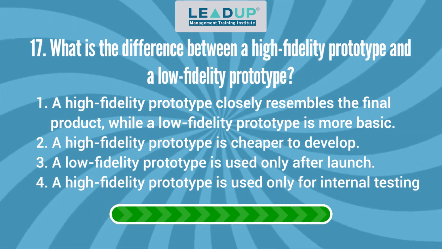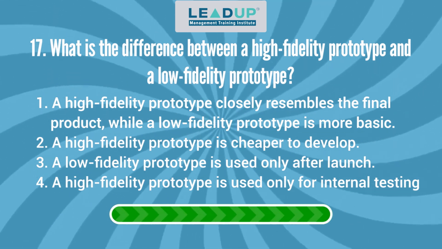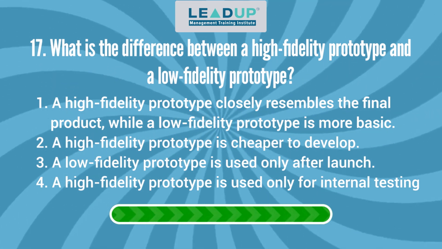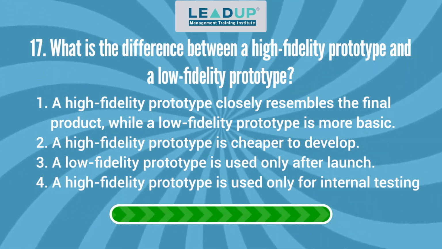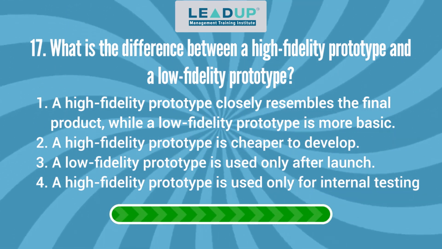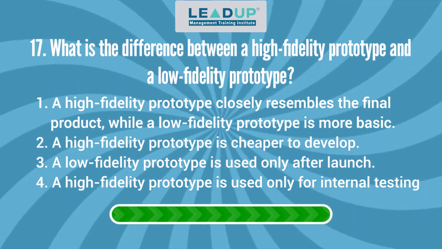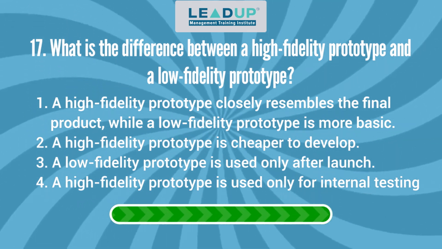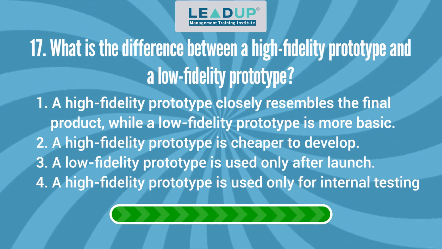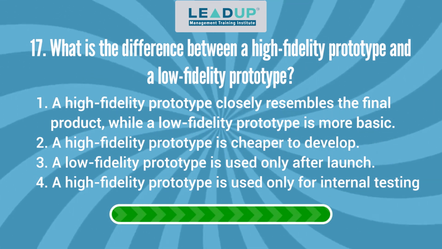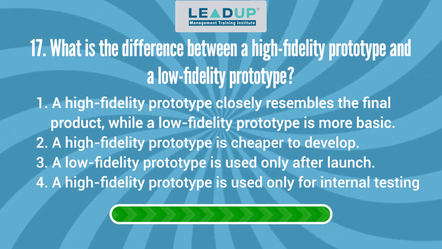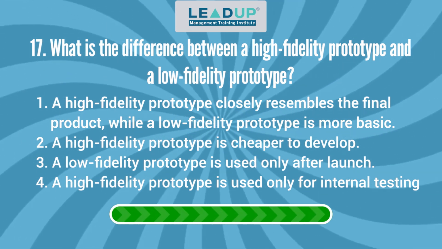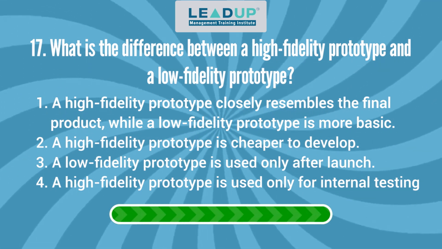17. What is the difference between a high-fidelity prototype and a low-fidelity prototype? 1. A high-fidelity prototype closely resembles the final product, while a low-fidelity prototype is more basic. 2. A high-fidelity prototype is cheaper to develop. 3. A low-fidelity prototype is used only after launch. 4.